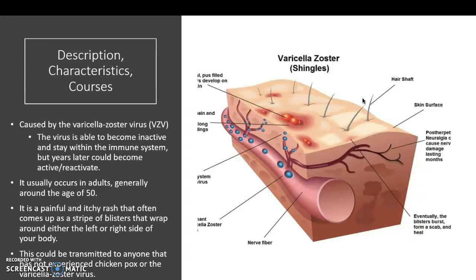On the side of my page, I put a picture of the skin and what it would look like if the shingles lesions did develop on the skin. On the top, it is the very red lesions where they're filled with pus. And then the blue dots and the nerve fibers are the virus itself.